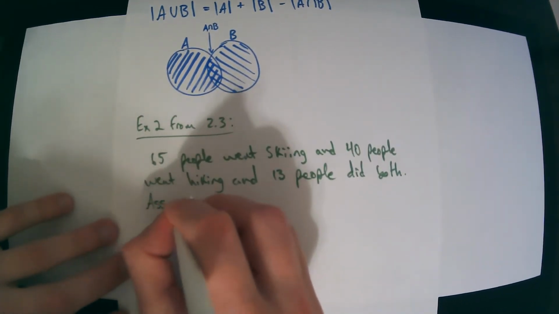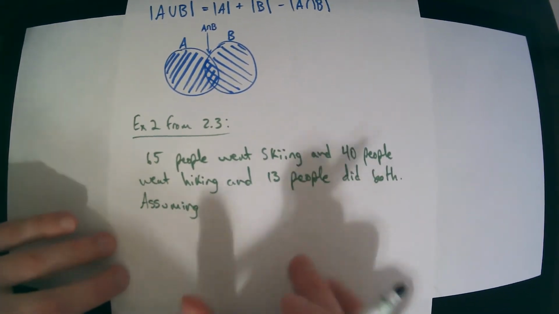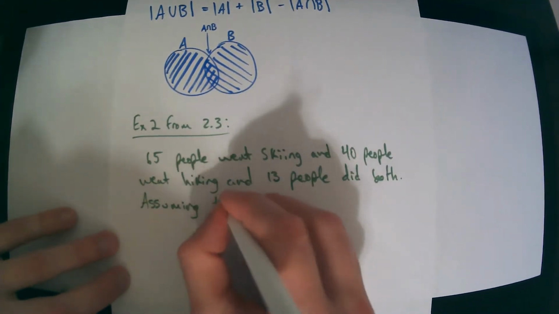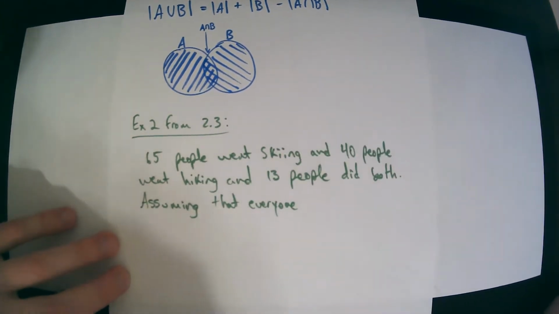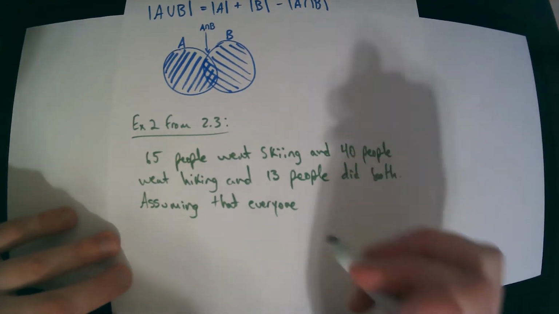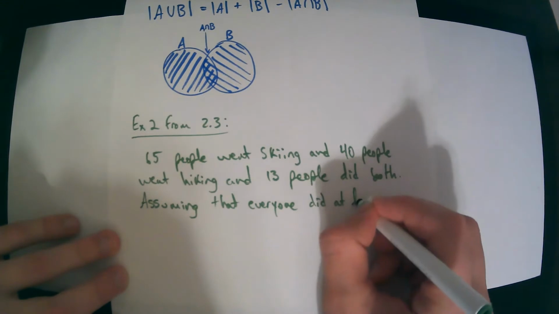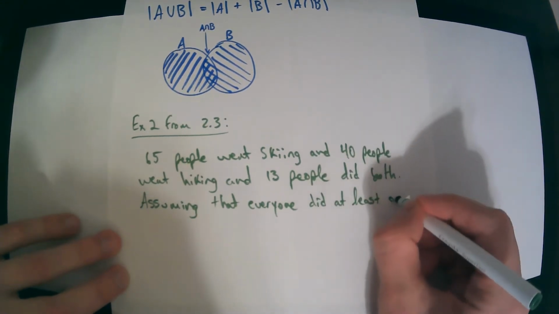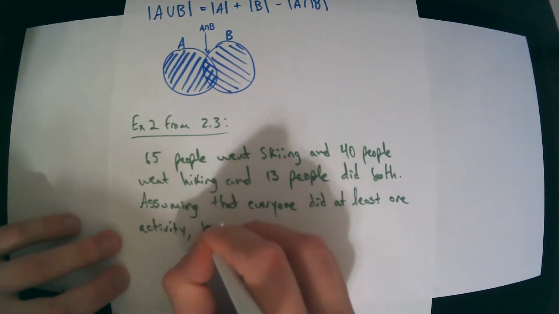Assuming everyone on this trip, whatever trip they were going on, a spring break trip, assuming that everyone did one of these two tasks, so no one sat out and did nothing, assuming that everyone did at least one activity, how many people went on this trip?